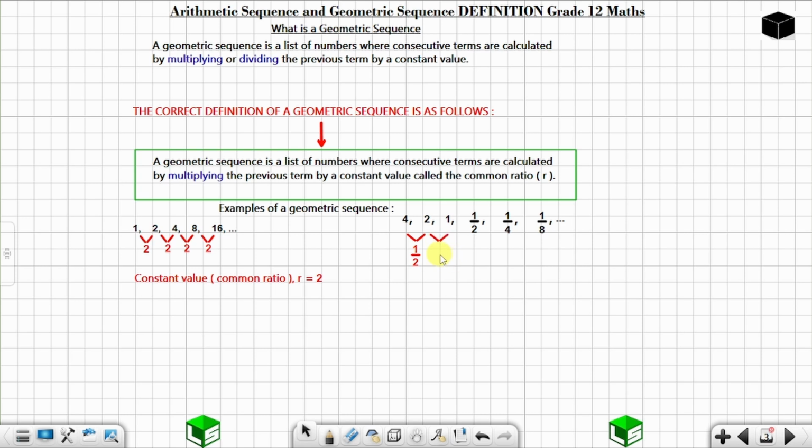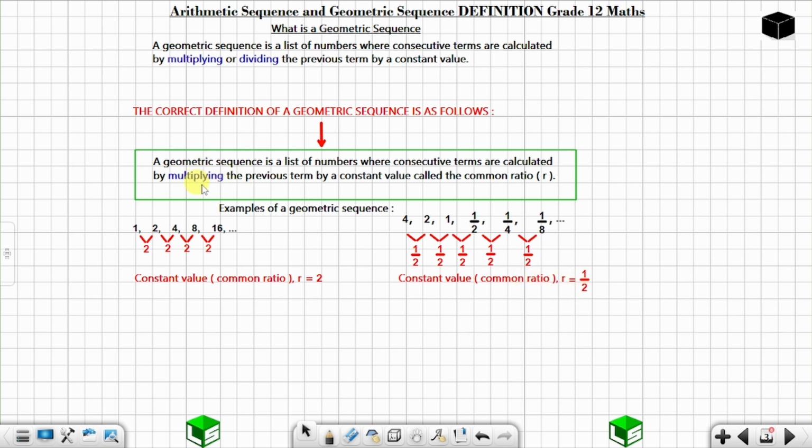So the constant value, the common ratio r, is equal to 1/2. This is what you are going to use in the formula.